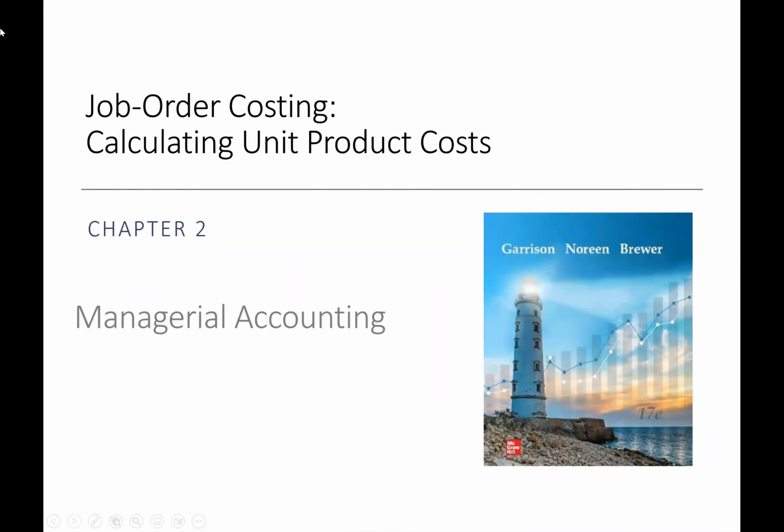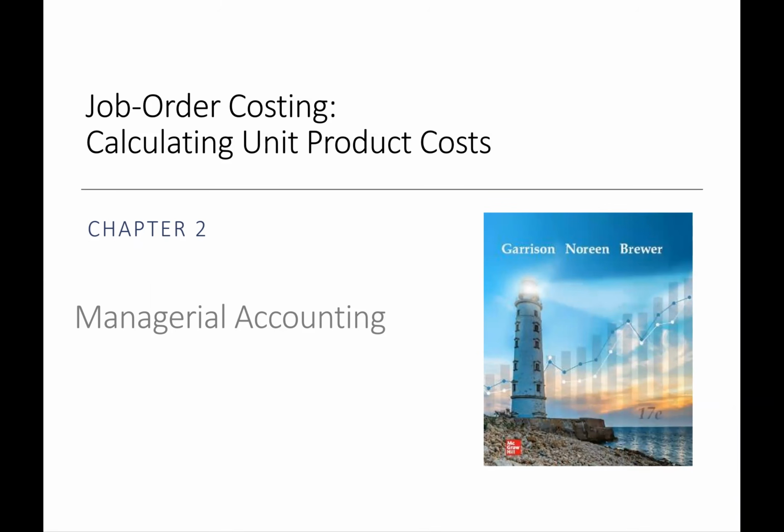This week, we are going to begin our understanding of job order costing, and basically, what we are going to discuss is the process in which we utilize job order costing and how we go about preparing for it.